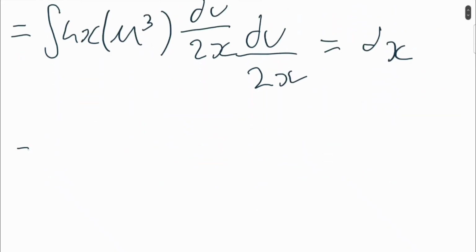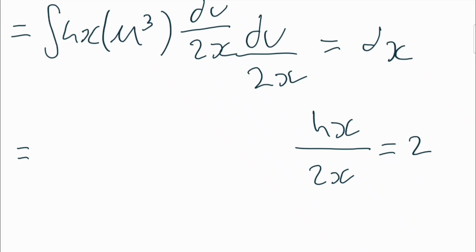The way they correspond is by this: 4x divided by 2x is equal to 2, as 2 times 2x is 4x.